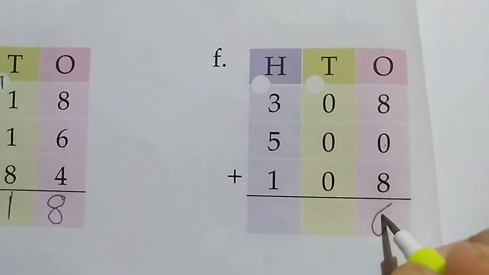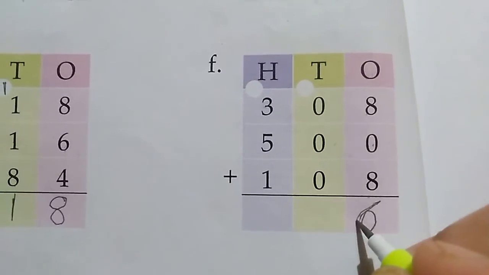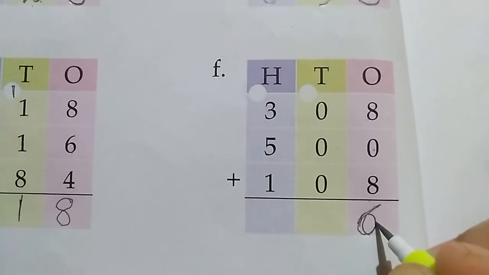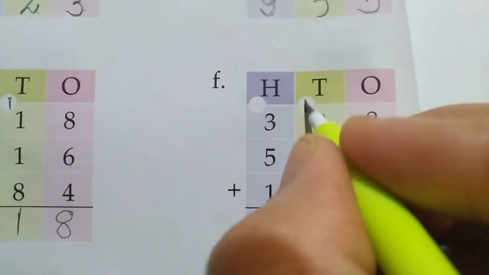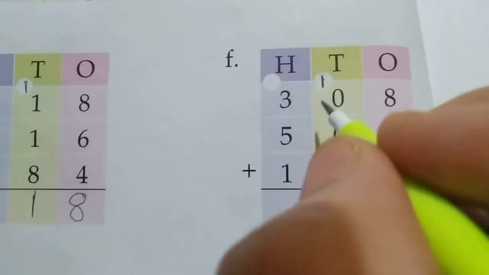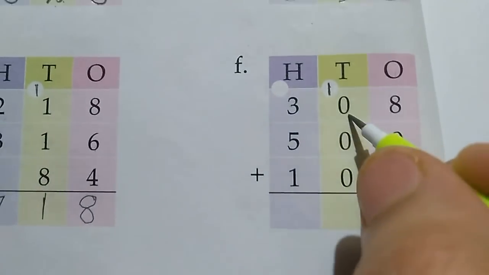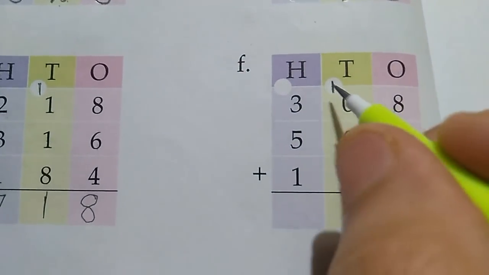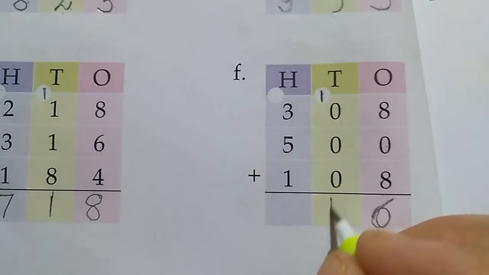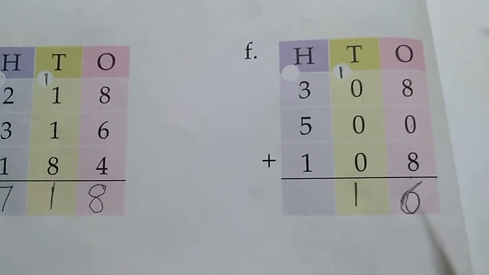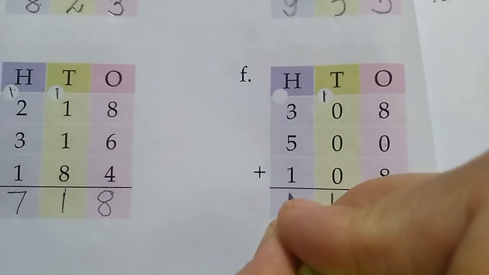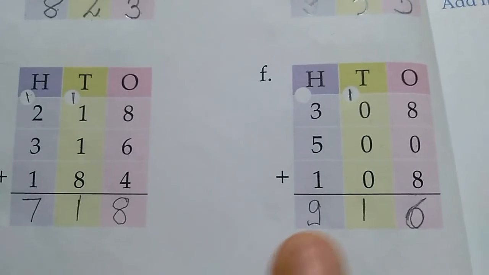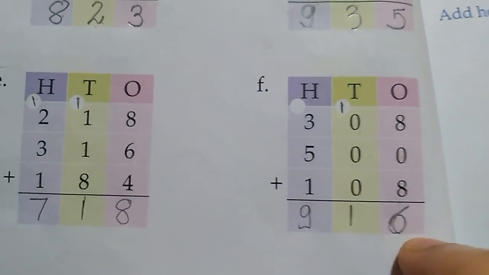So we will write here 6, because in 16, 6 comes at ones place, and at tens place we have 1 which we will carry forward. Now 0 plus 0 plus 0, 0 plus 1 carry is 1. Now 3 plus 5 is 8, plus 1 is 9. So our answer is 916.